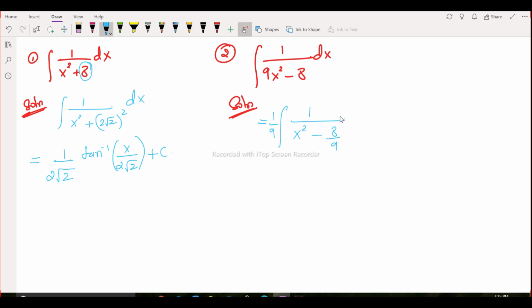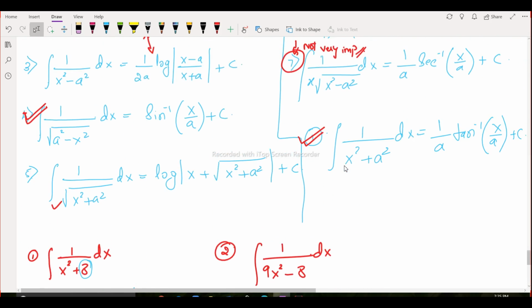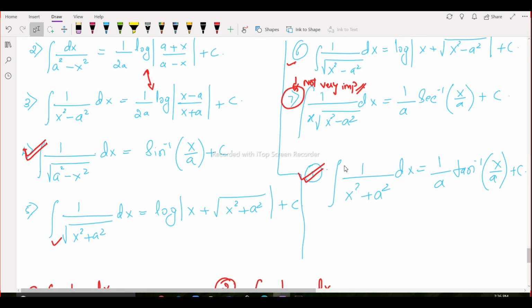Very simple thing, just taking it common. Now I can write this as 1 by 9, 1 upon x square minus 2 root 2 by 3, the whole square dx. Now this is 1 upon x square minus a square, so you can just compare the formula. So let's see which formula this is. You can clearly see the third one, right?